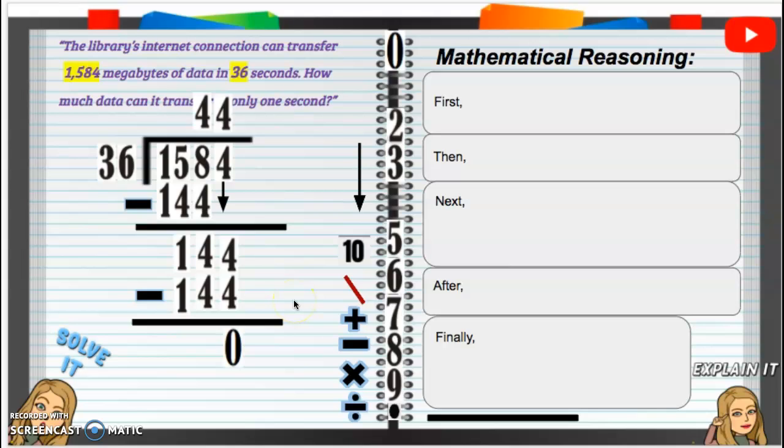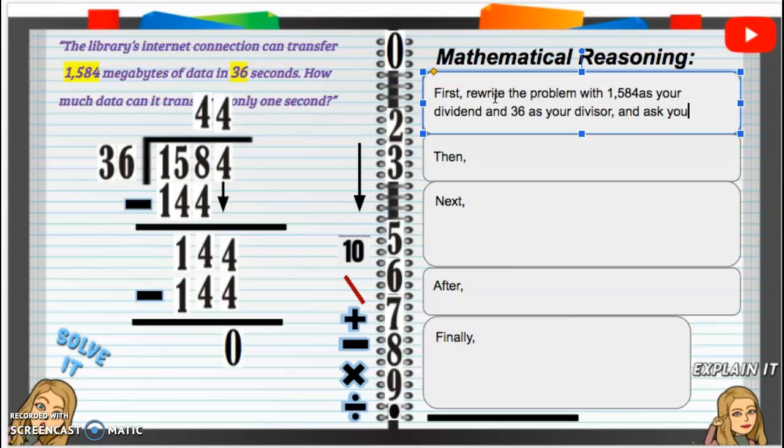So we're now going to write about it. So first, as always, we have to rewrite that problem. So rewrite the problem with 1,584 as your dividend and 36 as your divisor.